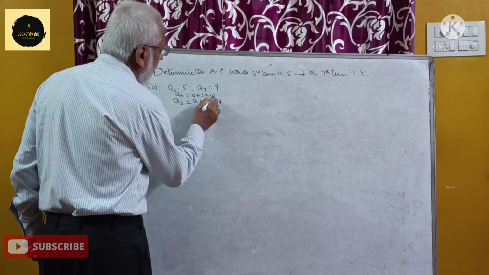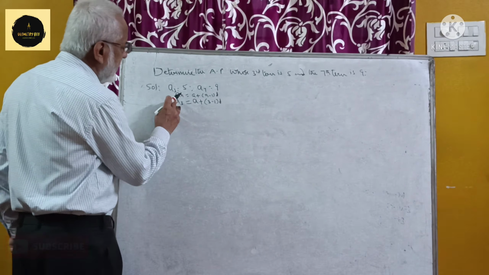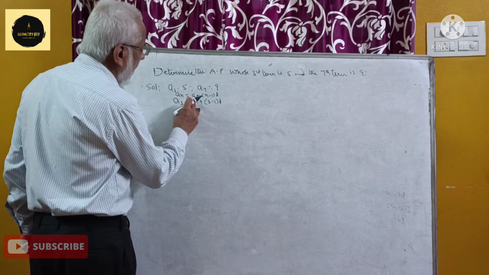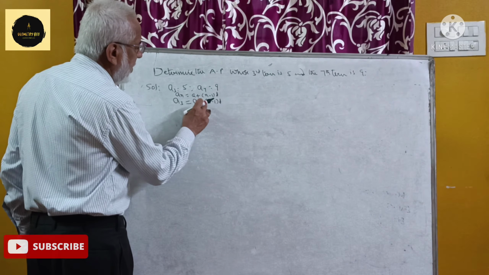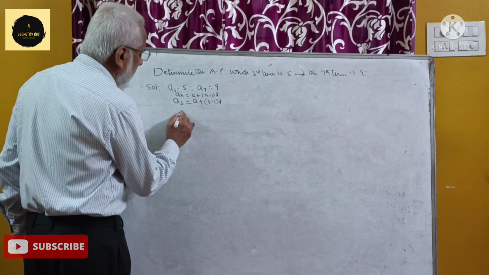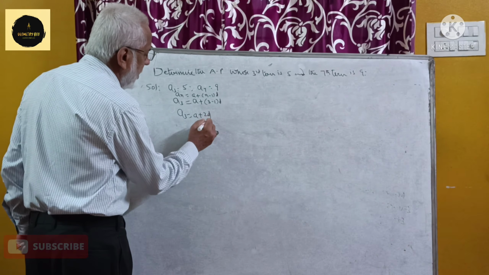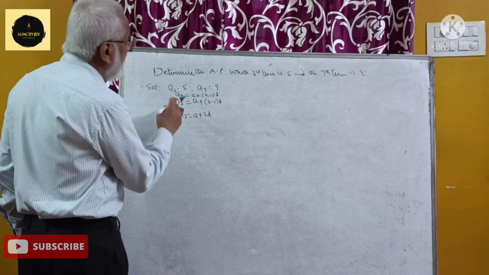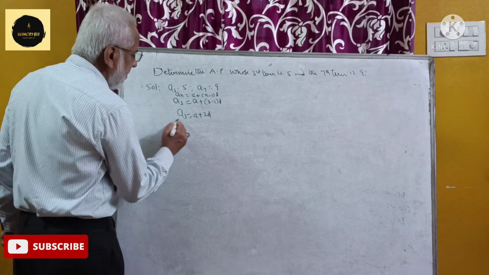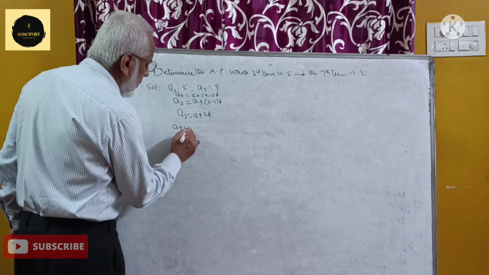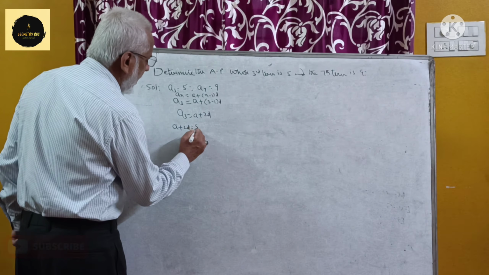Here an means A3 and a you write as it is. In the place of n you write 3, so A3 is equal to a plus 2d. A3 is equal to 5, so I can write a plus 2d is equal to 5. Call this equation number 1.